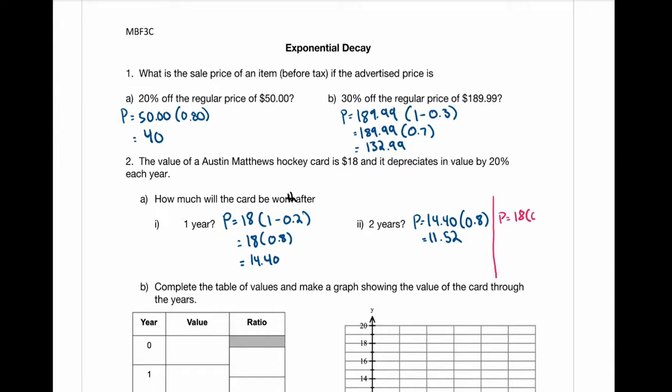After 1 year, it's going to be worth 80% of your original price. So 18 times 0.8 will give us the year 1 price. If I multiply it by another 0.8, it will give me the year 2 price. And hopefully you can start to see the connection between exponential decay and exponential growth.